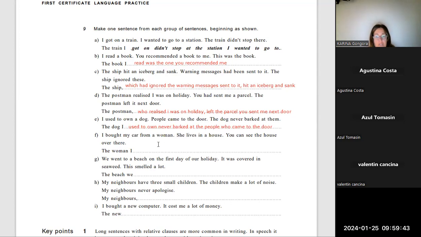I bought my car from a woman. She lives in a house. You can see the house over there.